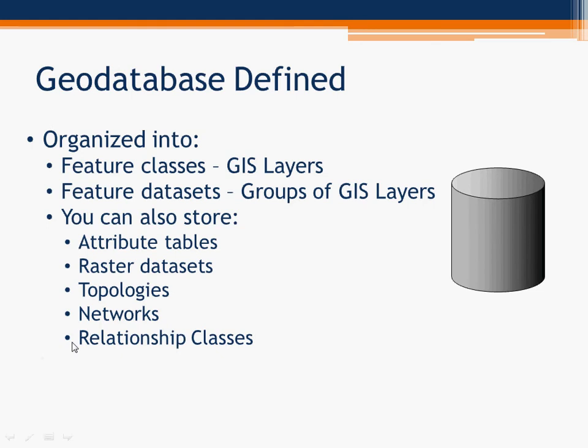Relationship classes deal more with connecting the spatial data to other flat file tables, for example. So these are all examples of the types of things that can exist within geodatabases. We get into that more within our intermediate level courses. The geodatabase is the cornerstone of our intermediate GIS class, but just understand that at this intro level we don't necessarily get into all of that, but we do distribute data, we do use data that is in the form of a geodatabase.